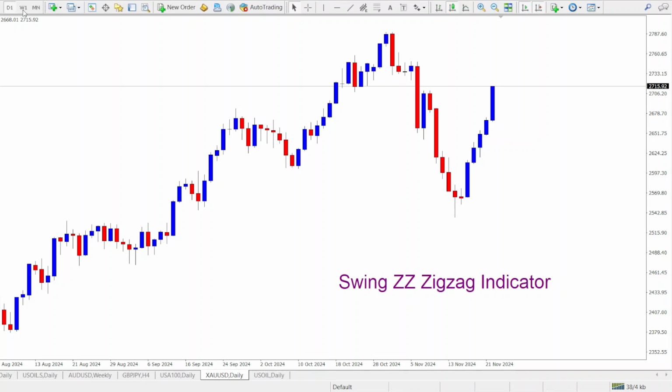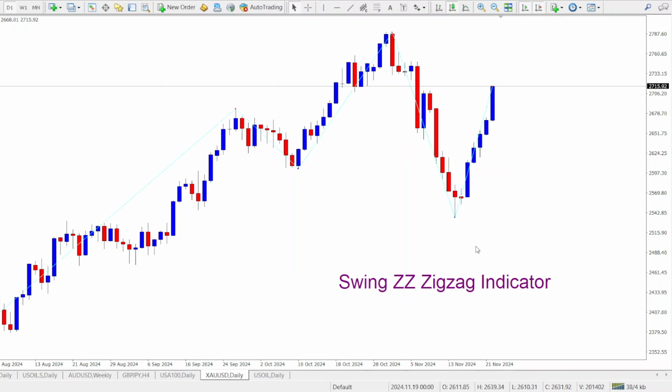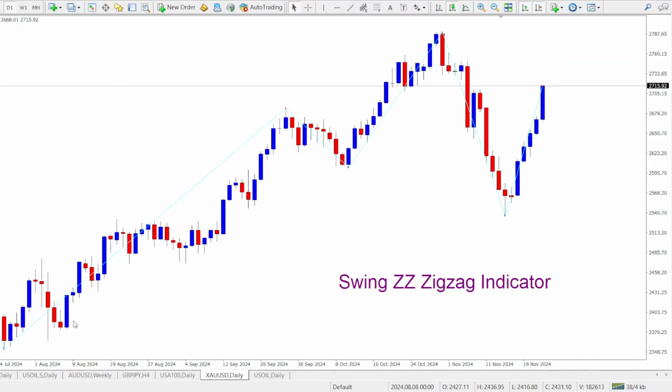So I'm just going to be loading the indicator to the chart right away because I have already downloaded it and added it to my indicators library. So this is how the indicator looks. Can we see this light blue line in the zigzag manner? This indicator is a nice tool for those who want to simplify their market analysis and focus on trends.